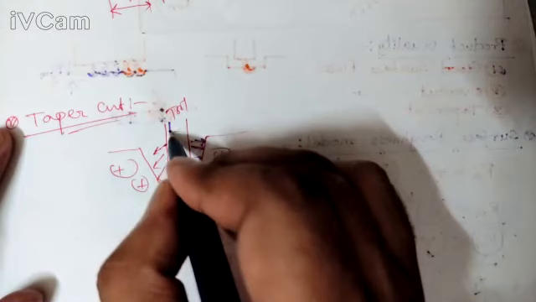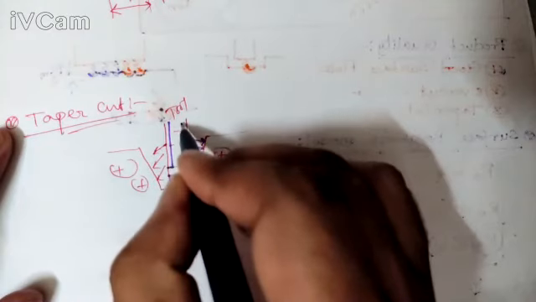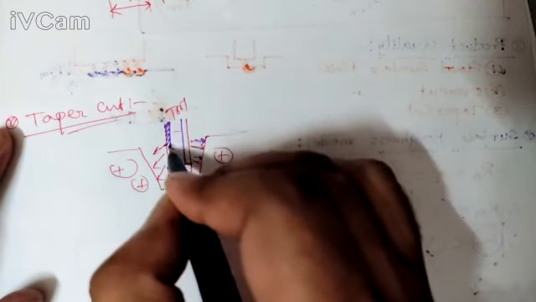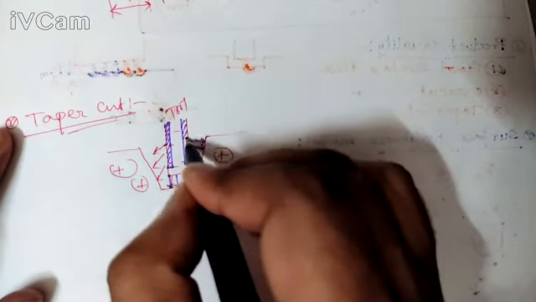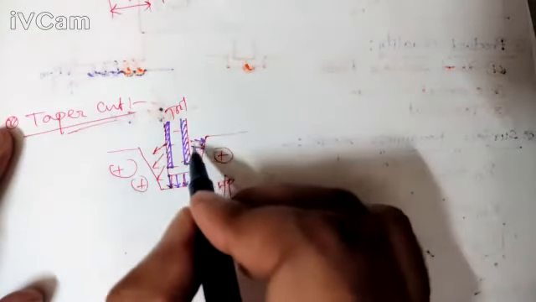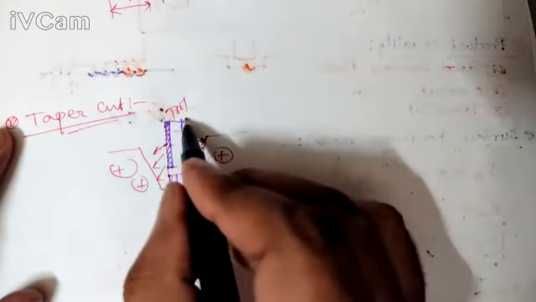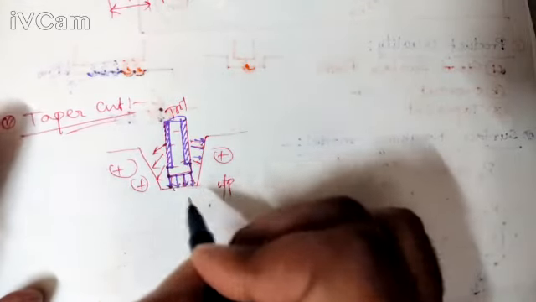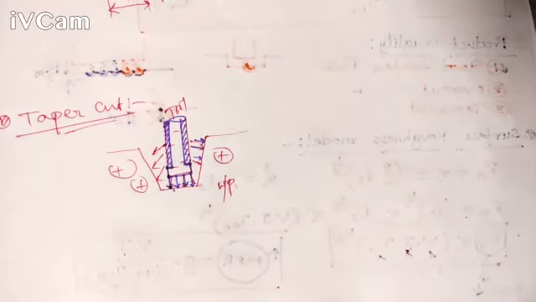To do that, if we insulate this position, if we apply an insulator coating, what will happen? From this side electrons cannot flow, from this side electrons cannot flow. Electrons will only flow in this direction, by which we can avoid the taper cut problem.